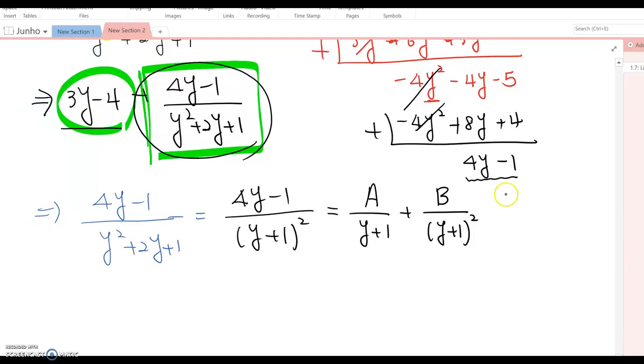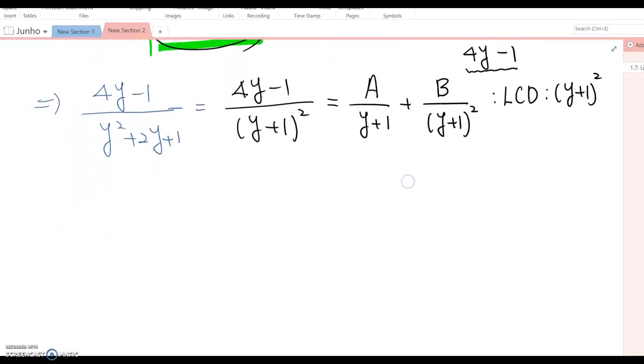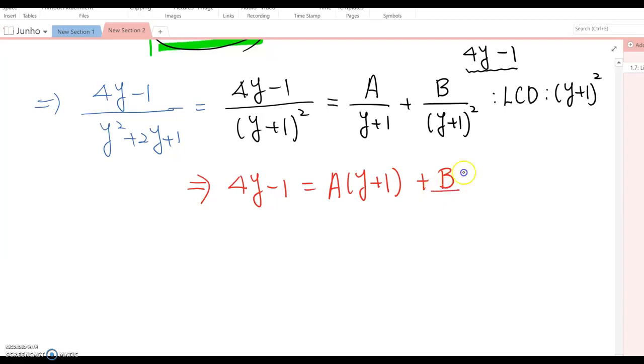Multiply by the LCD. So what's the LCD in this case? Yes, the LCD equals y plus 1 squared. So we multiply this out, then this becomes 4y minus 1 equals a times y plus 1 plus b. Now, since b is a constant, if you plug in y equal to negative 1, this term becomes 0.